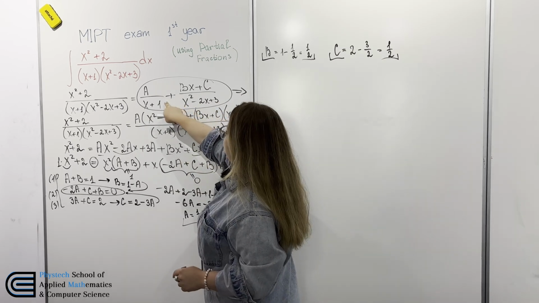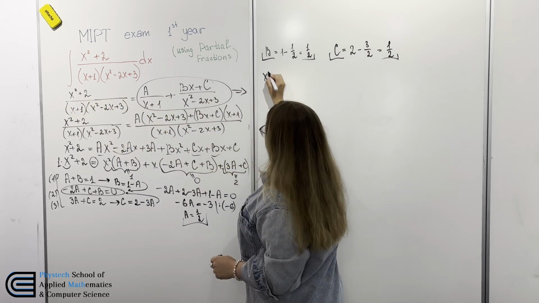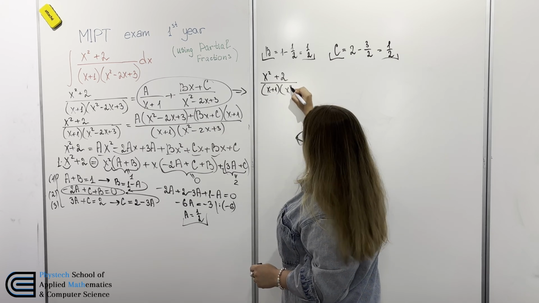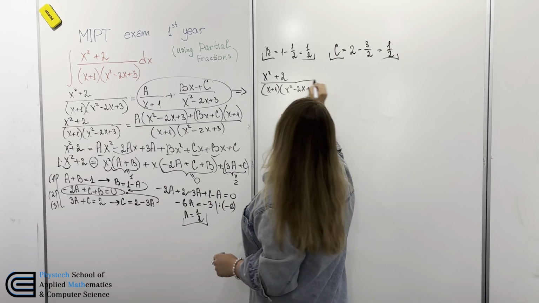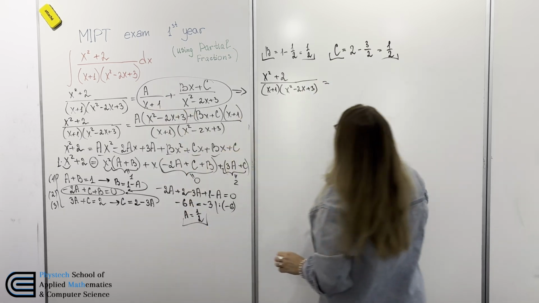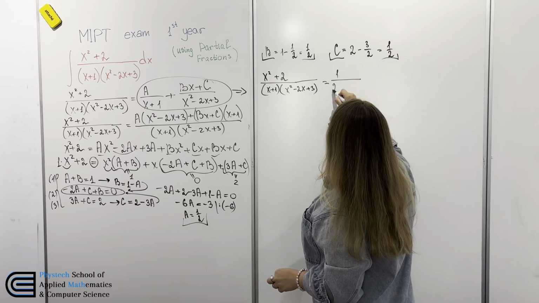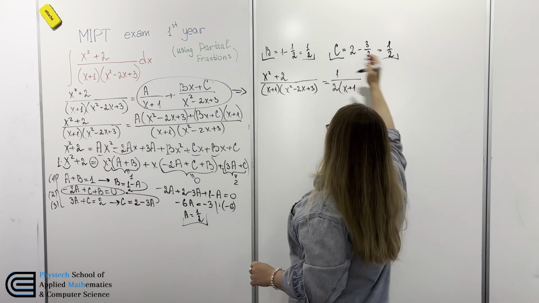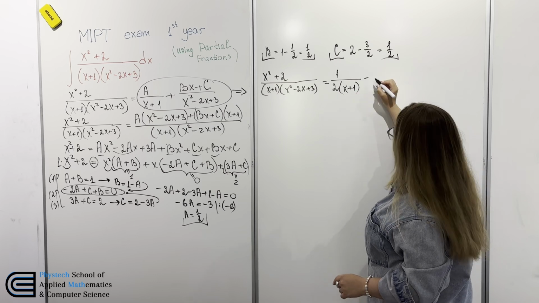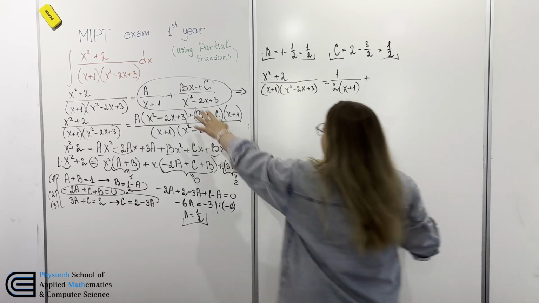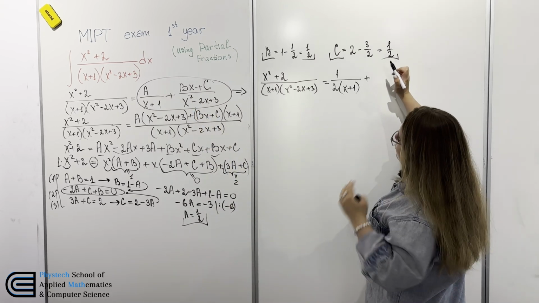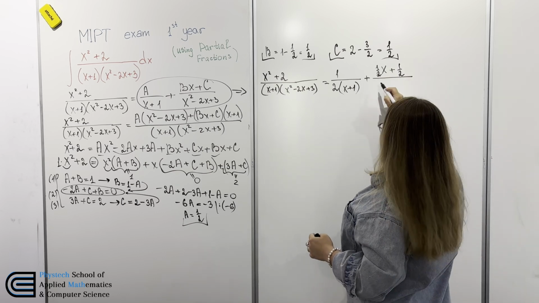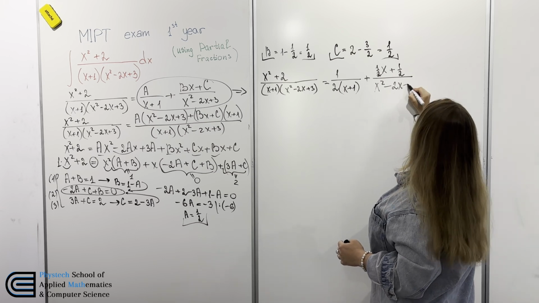Then we can move here, and let's see what we will have. This line, (x squared plus 2) divided by (x plus 1)(x squared minus 2x plus 3), will be equal to A divided by x plus 1, where A is 1 divided by 2, then plus Bx plus C: 1 divided by 2 times x plus 1 divided by 2, over x squared minus 2x plus 3.